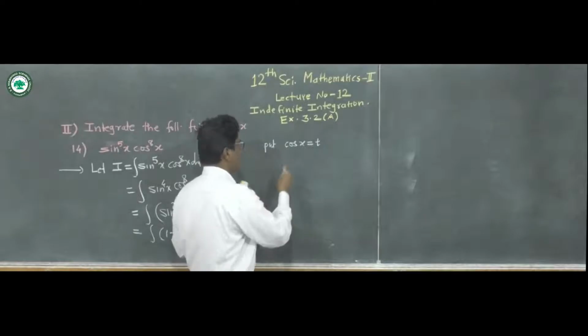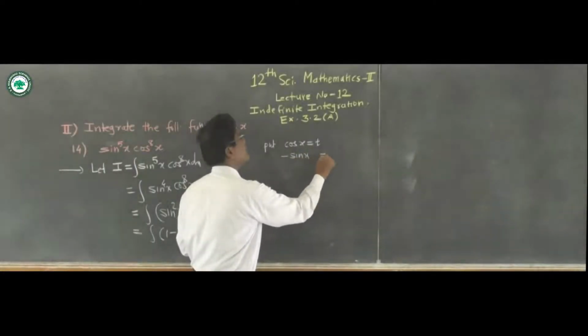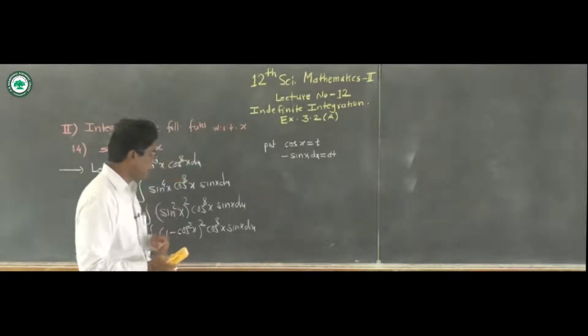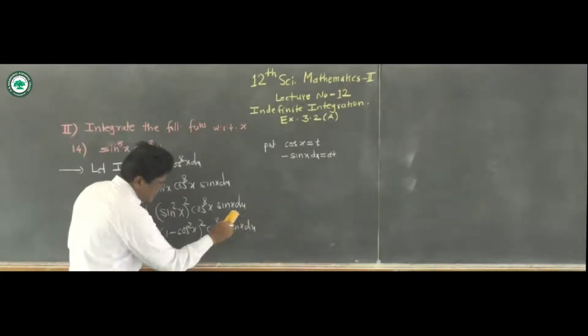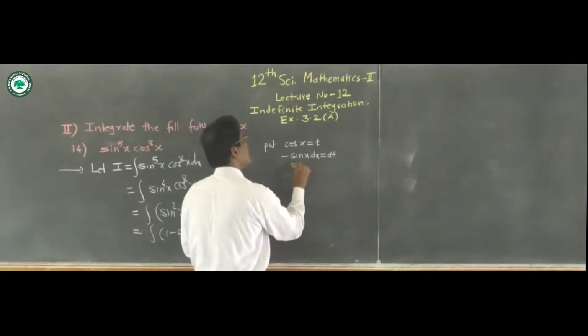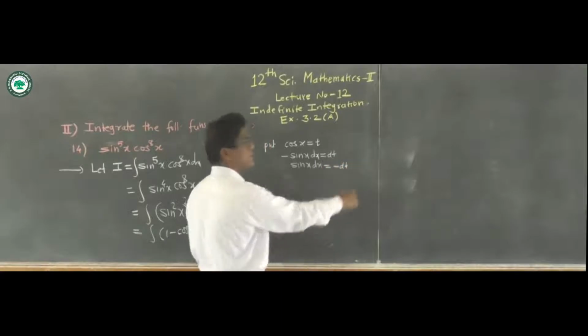Derivative of cos x is minus sin x, so minus sin x is equal to dt upon dx. Carry that dx to the left side, so minus sin x dx is equal to dt. But we want only sin x dx, so carry this minus sign and we get sin x dx is equal to minus dt.